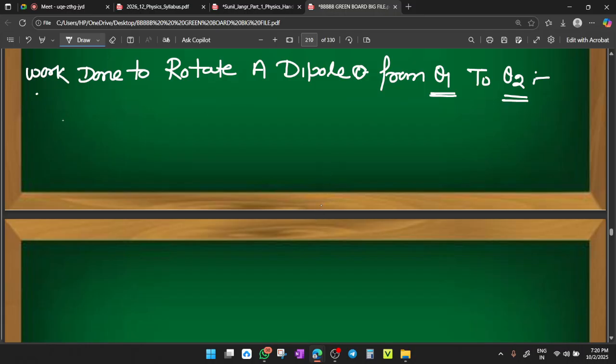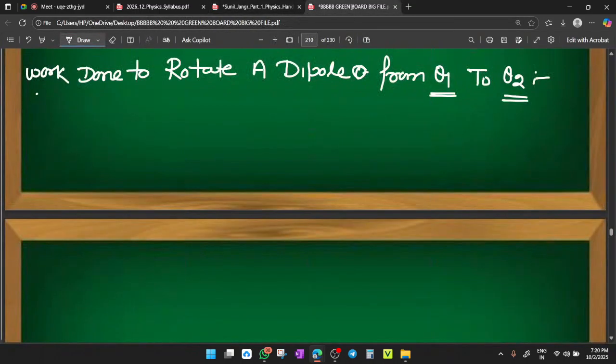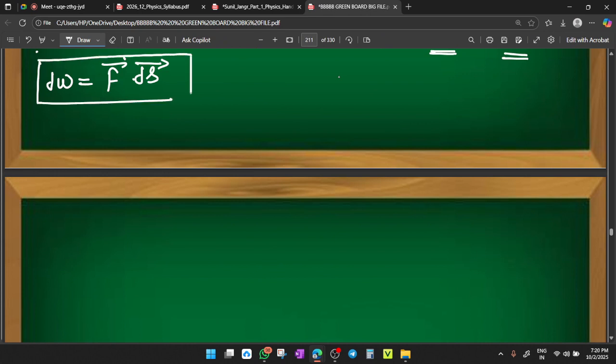So what is the formula for work done in mechanics? There is a slight difference because this derivation comes under rotational dynamics, because you are rotating the dipole here. So first try to understand the concept of class 11th. dW equals F dot ds, right? This was the work in mechanics.